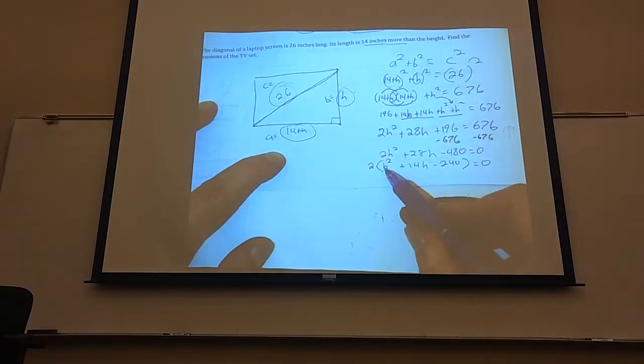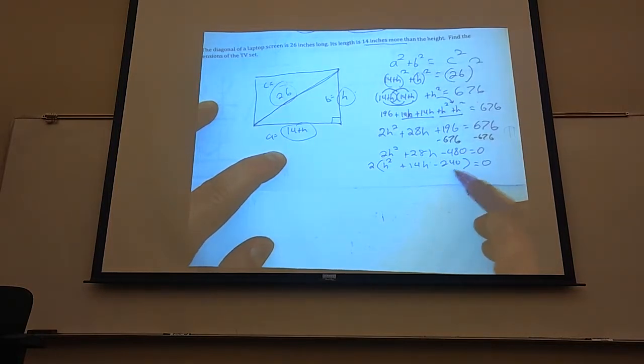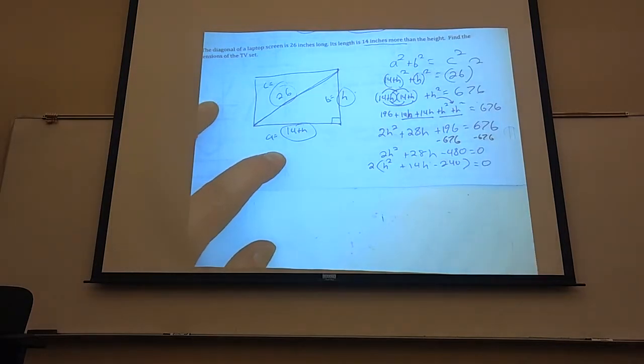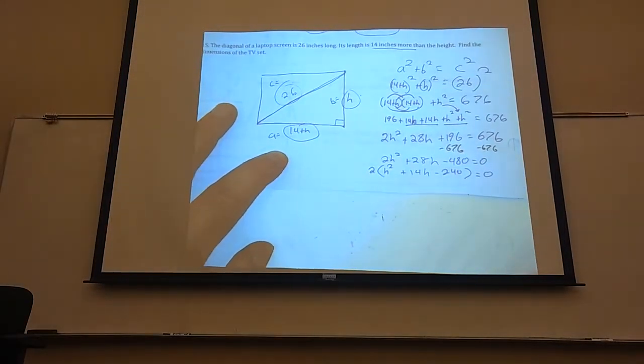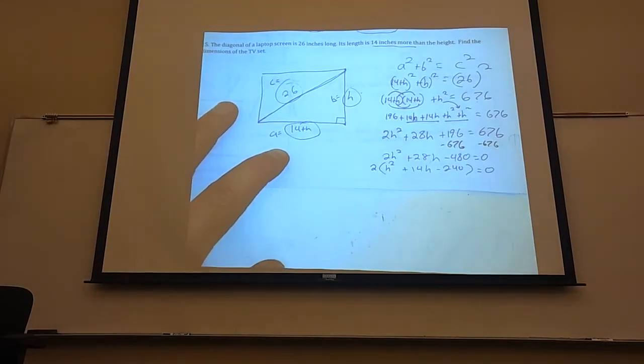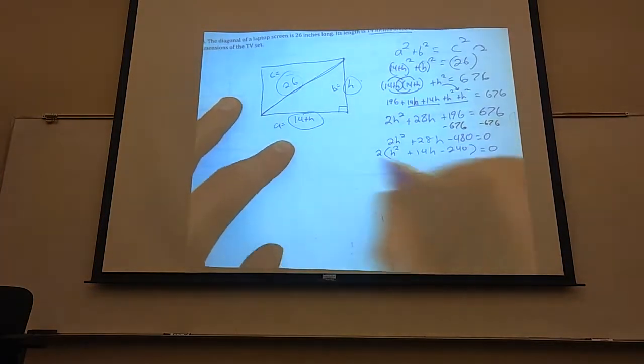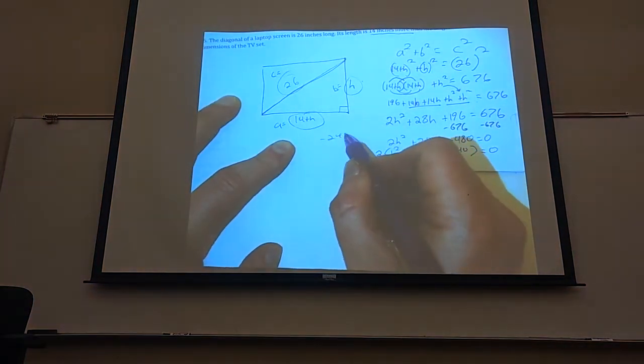Now my leading term is 1. So whatever numbers I come up with, or whatever factors of 240 I come up with that add up to 14, those are my factors. Thank God. So what are those? What factors of negative 240 do I have?